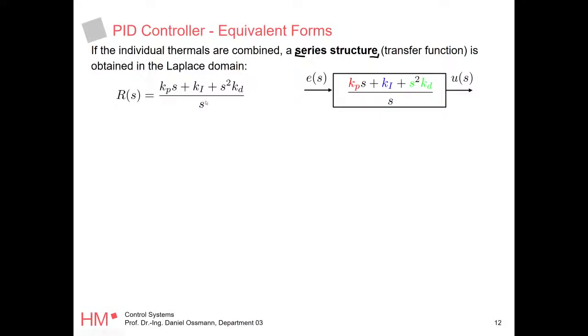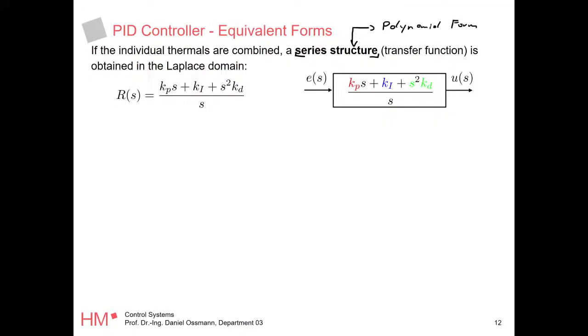Okay. So this series structure of the PID controller obviously corresponds to the polynomial form of a transfer function. In literature, it's just named series structure, specifically indicating that it is a PID controller.